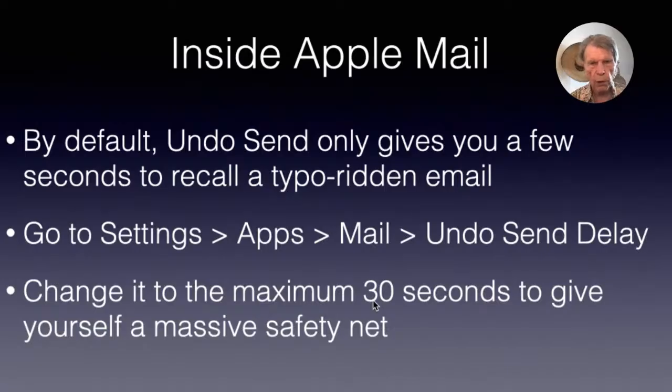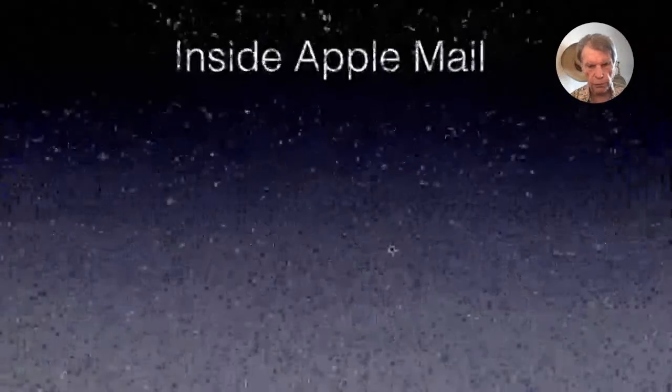So it gives you 30 seconds to undo anything that you didn't want sent out. Maybe you forgot to add the attachment to that email. You can grab it back before the 30 seconds, and nobody is the wiser.